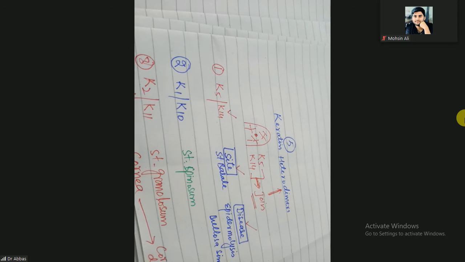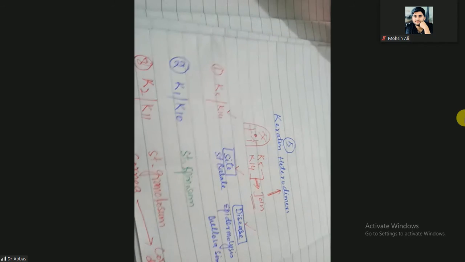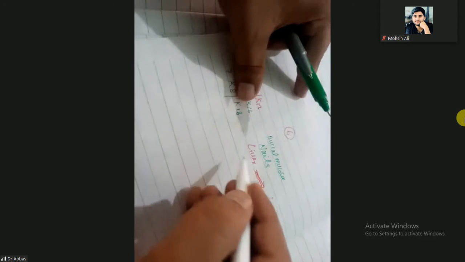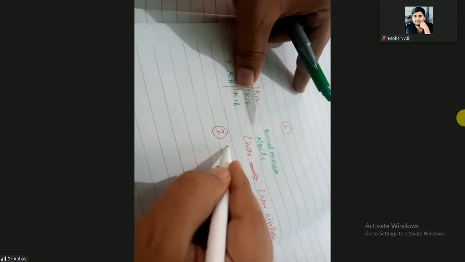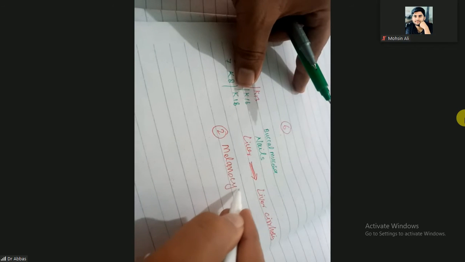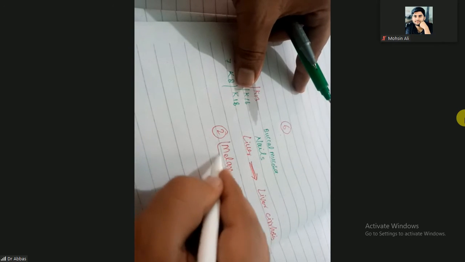Up to now we have completed one cell of the epidermis, the keratinocytes. Next cell of the epidermis is the melanocytes. Let's move on to cell number 2, the melanocyte.